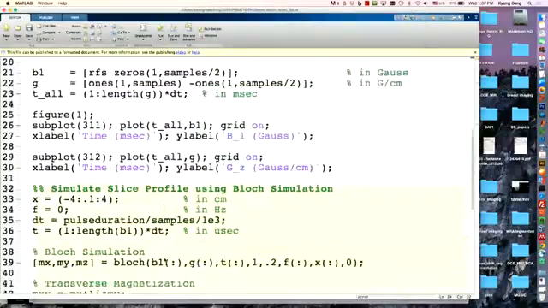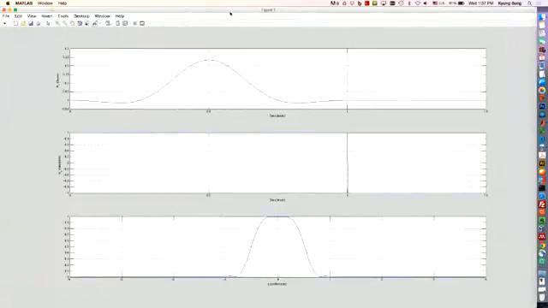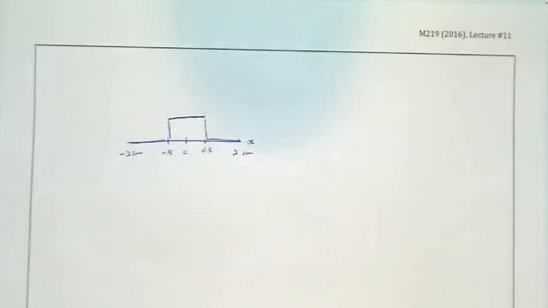So if you use Bloch simulation, here's your plot, and you can see it. As I said, we're going to take a look here. It's about -4 to 4, but that's okay. The ideal situation is what? As I showed before, it has to be a sharp transition at 0.5.